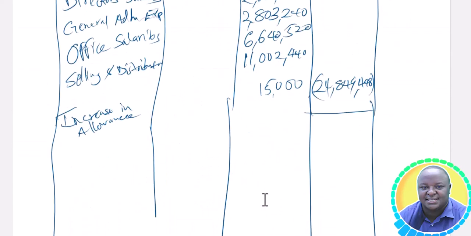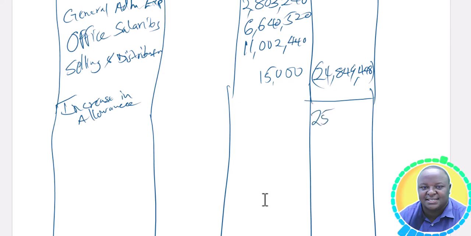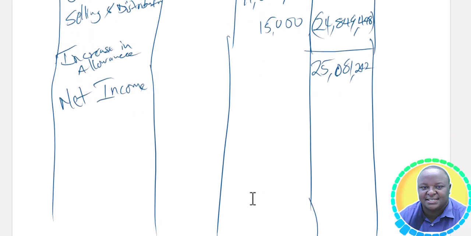If you less that, you're going to get 25,081,242. This will be what we call net income. So from the net income, we less corporate tax.